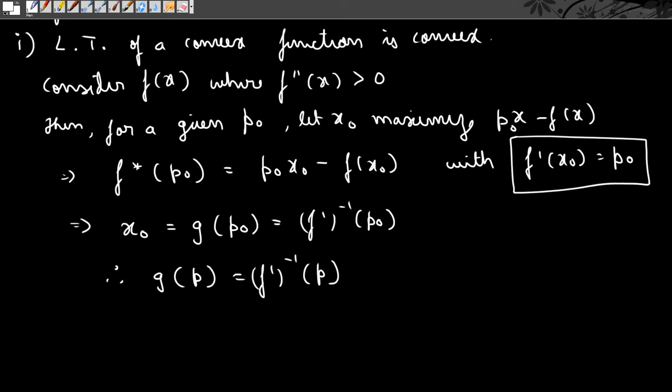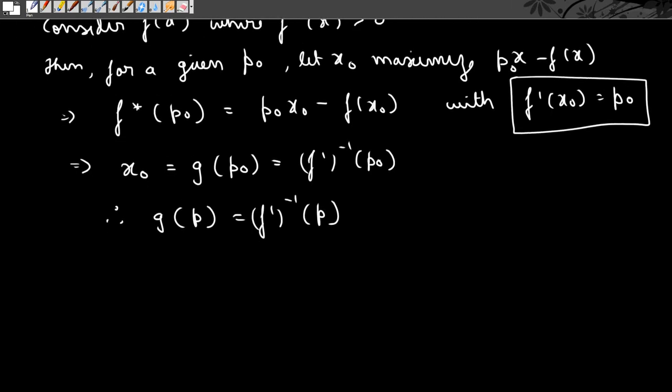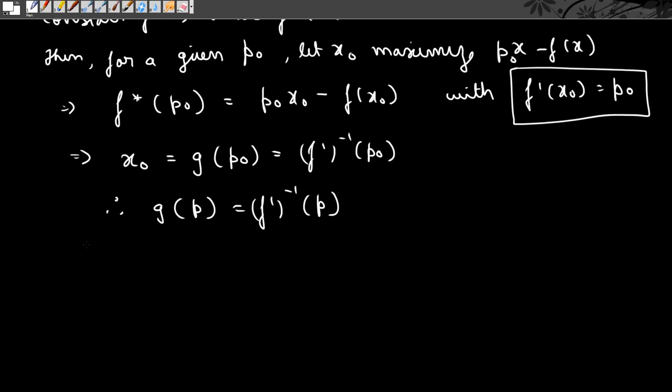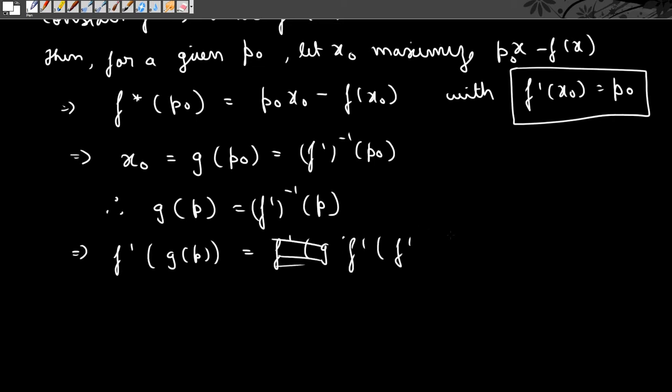So this would mean that f dash of g of p is equal to f dash of f dash inverse of p. This will give f dash of x, which is equal to p from this relation.